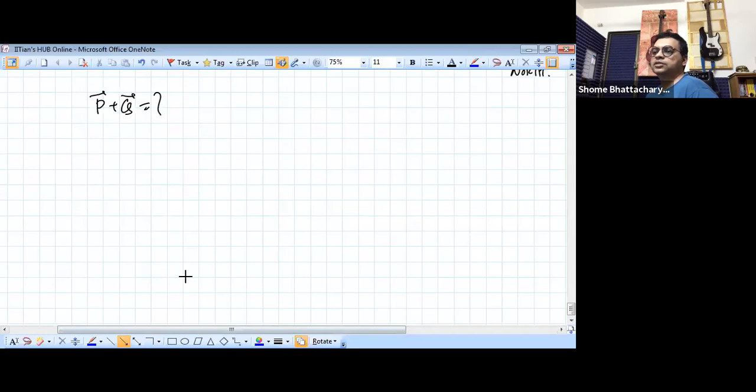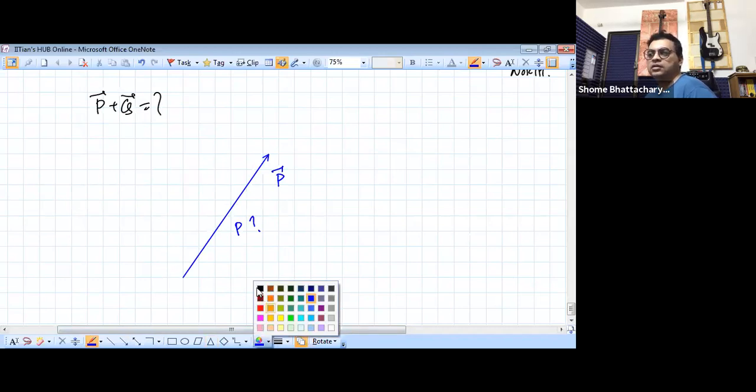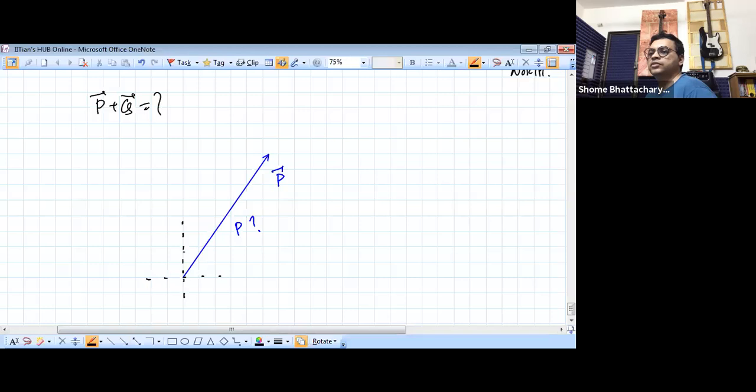So the vector P was like this, of unknown magnitude, but making an angle 30 degrees with the north or with this direction.